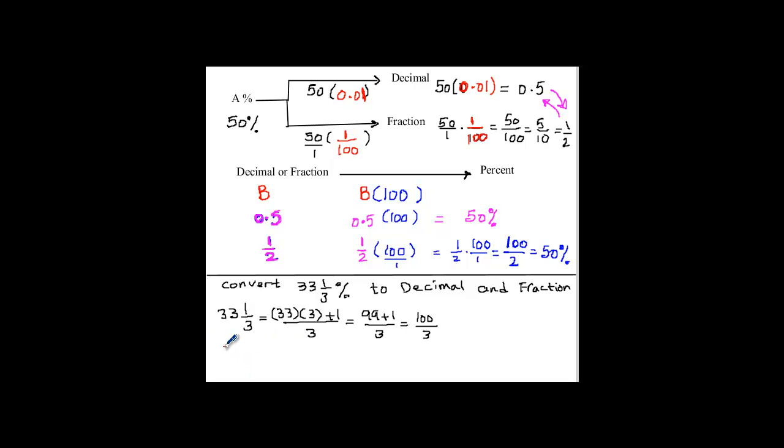Right, so if I want to convert 100 over 3% to the fraction, I have to multiply this 100 over 3 times the factor, which is 1 over 100. So what is that equal to, Richard? Uh, 100 over 300. Which is equal to what?